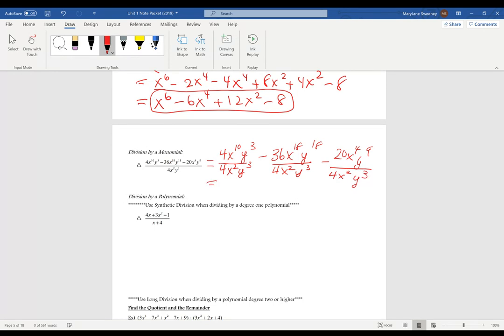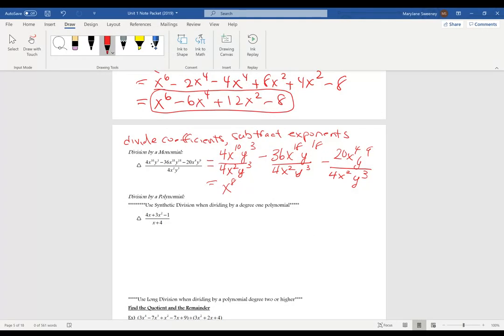Okay, so here, now when you're dividing, we divide coefficients, subtract exponents. Okay, so 4 divided by 4 is 1. X to the 10th divided by an x squared. We subtract the exponents, so it's x to the 8th.